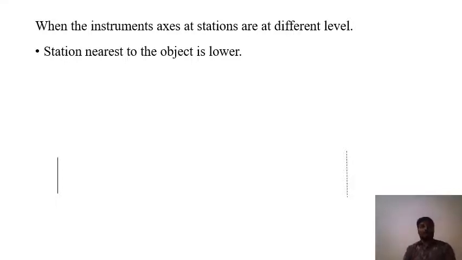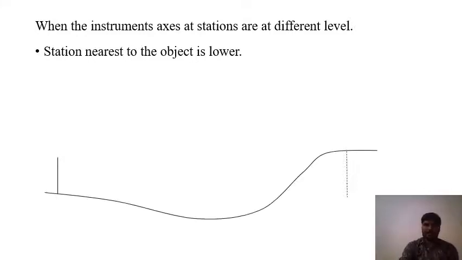Next is a different level: the station nearest to the object is lower. Let's see how it looks. This is my terrain, I mean my ground, and I have provided two stations.